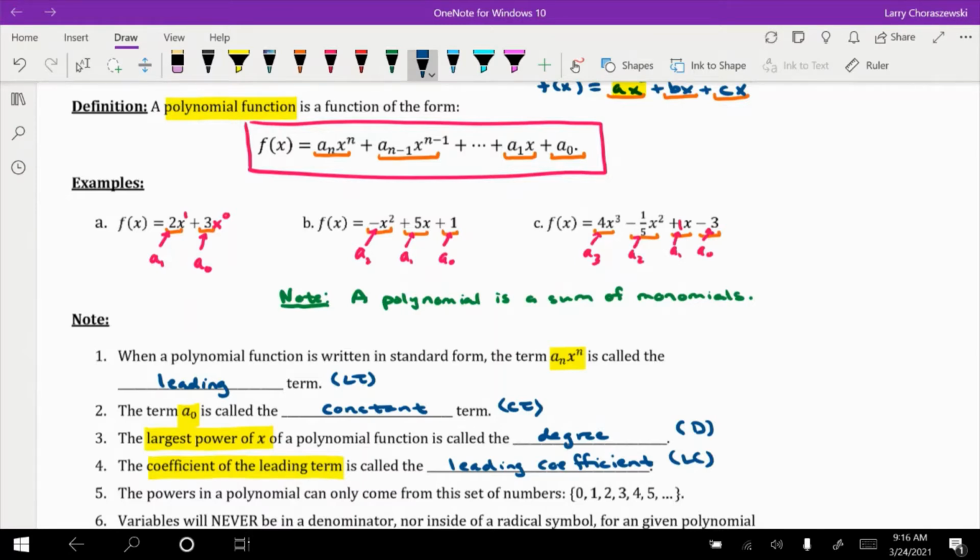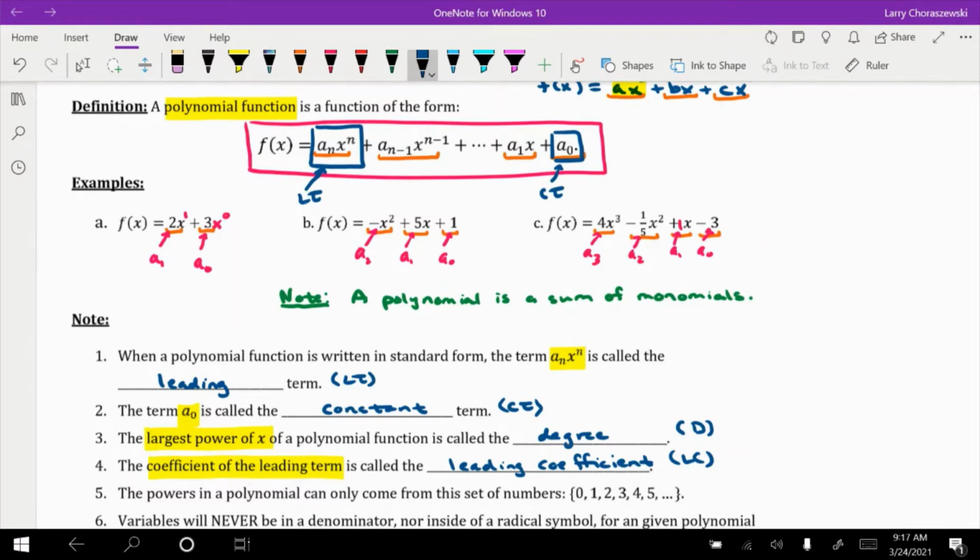So assuming that the polynomial function is written in standard form, the term that goes first when reading it from left to right, a sub n x to the n, that's the leading term. The term at the very end, a sub 0, that's the constant term.